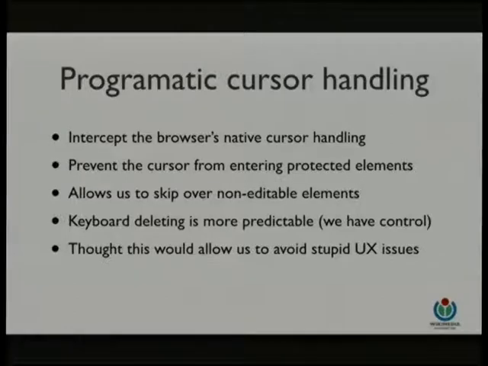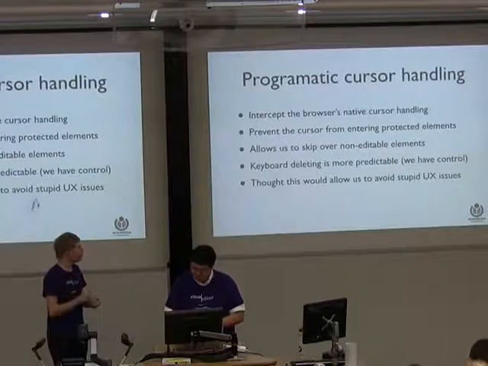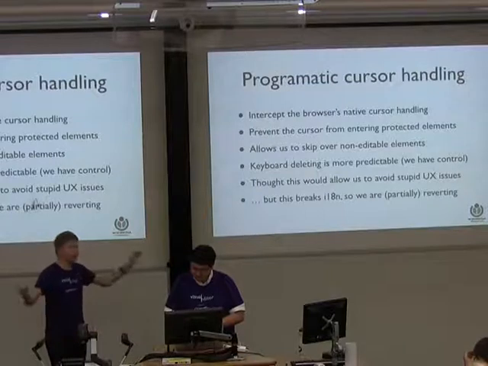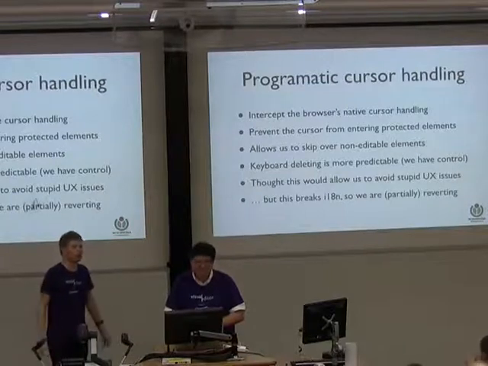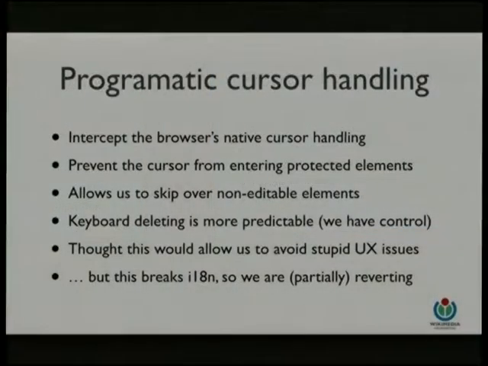Now, we thought that keeping very tight control would allow us to have a very uniform user experience and prevent all sorts of stupid browser bugs. Unfortunately, internationalization. You can't do this because you don't know what the native environment is going to do with interesting language problems. You don't know what the local font is. You don't know what the font's opinion of cursor segmentation is.